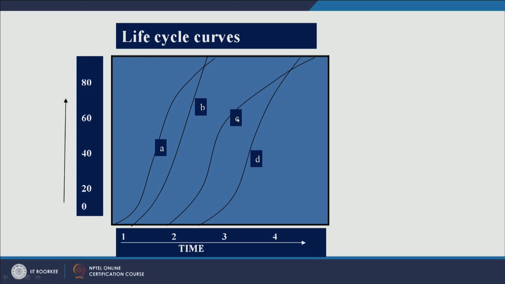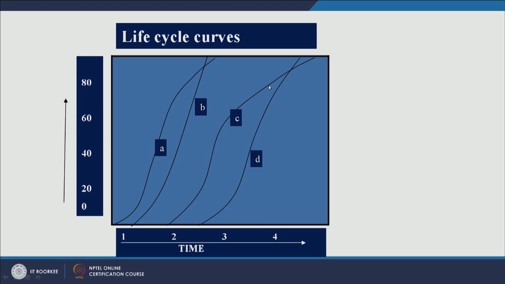Similarly you can have activity C and D. Let us say if I want to know at a particular time what is the progress of all these activities, I will draw a line like this, a perpendicular line to the horizontal axis.